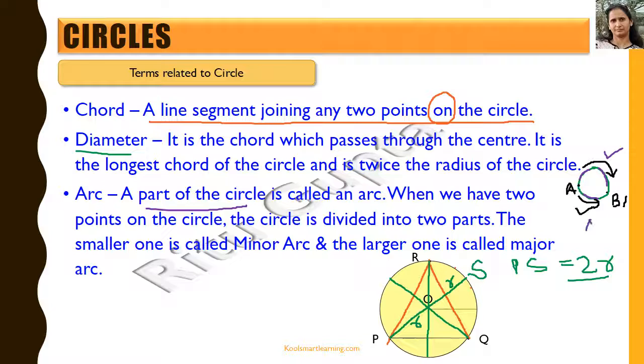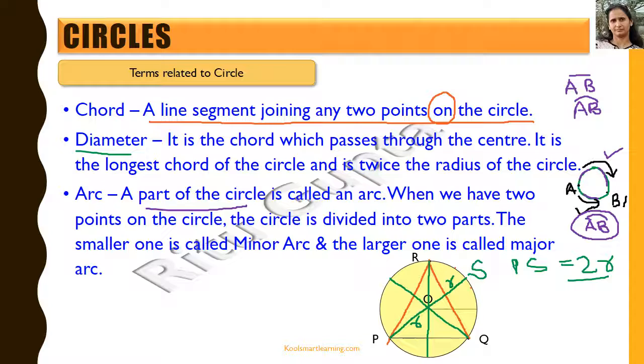Normally an arc is represented by AB with an arc drawn over it. It's almost the same as for a line segment, where we draw AB and then a line over it. If we write AB with an arc over it, this represents an arc.